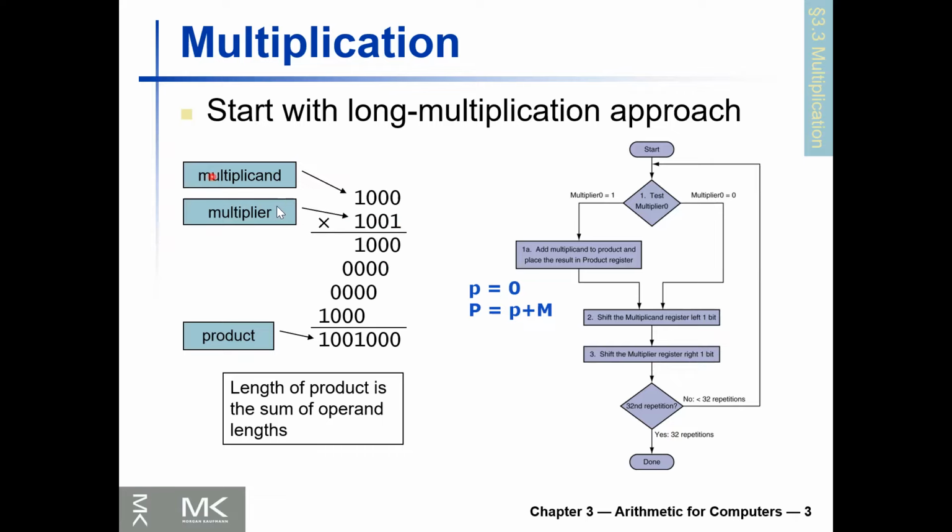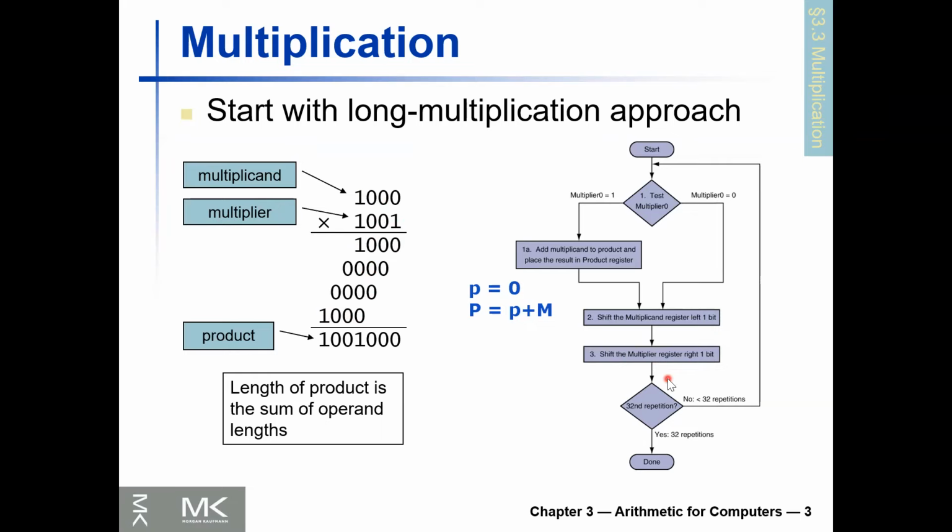Because the multiplicand is shifting here; you can see 1 2 3, the third step, again we are shifting this one. We shift the multiplier because we have to check the next bit, whether it is 0 or 1. If it is 1, then we shift one more time. If it is 0, we can skip the adding, because we are interested in adding this value with this value rather than adding with 0.